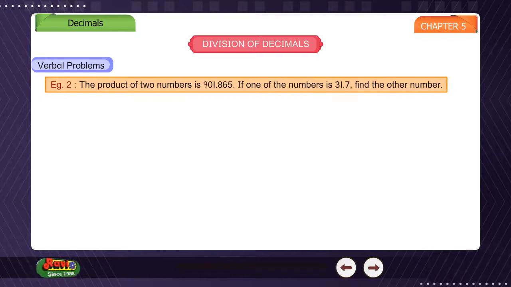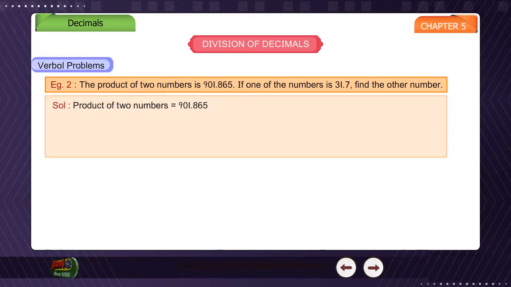Example 2. The product of two numbers is 901.865. If one of the numbers is 31.7, find the other number. Solution. Product of two numbers is equal to 901.865. One of the numbers is equal to 31.7.